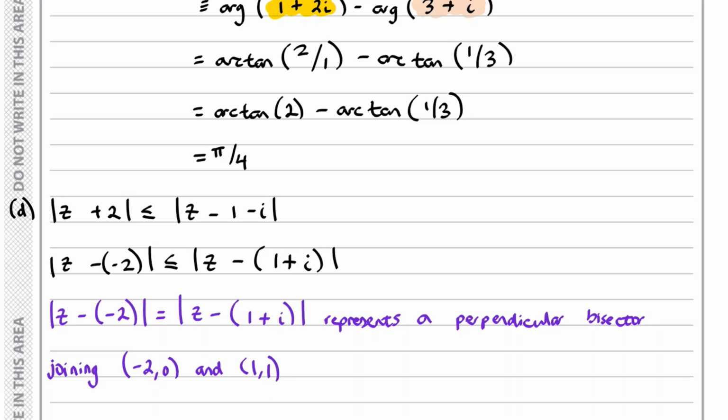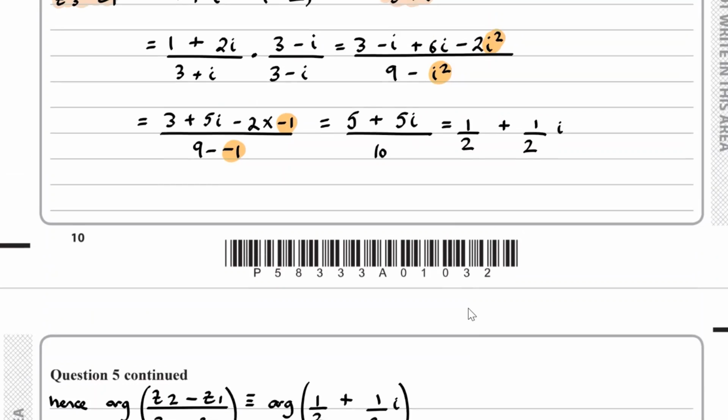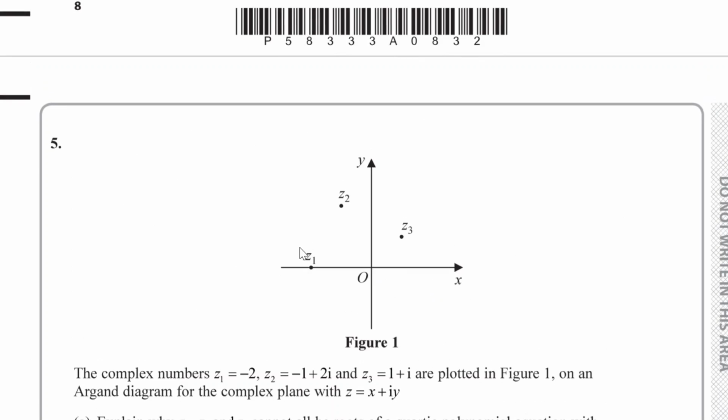and if you go back to the diagram, we're looking for the perpendicular bisector of this line, and here we have, if I add on the coordinates, here the coordinates minus 2, 0, and here we have the coordinate 1, 1.